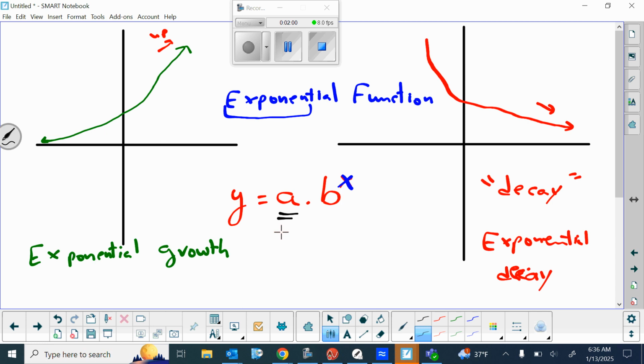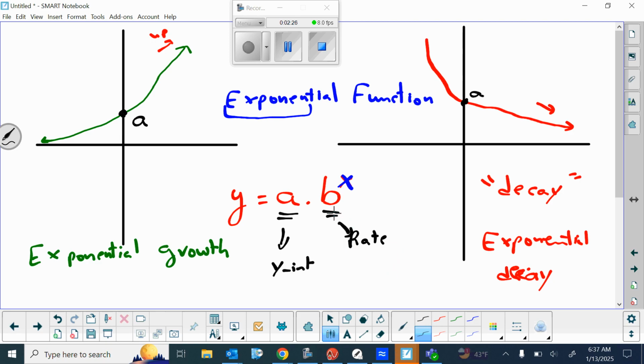Now, we're going to talk about this a value. The a value, the number without any exponent, that's the y-intercept. That's where the graph crosses the y-axis. So it's easy to see the a from the graph. The b is your rate, growth rate or decay rate. Now I'm going to give you everything you have to know.